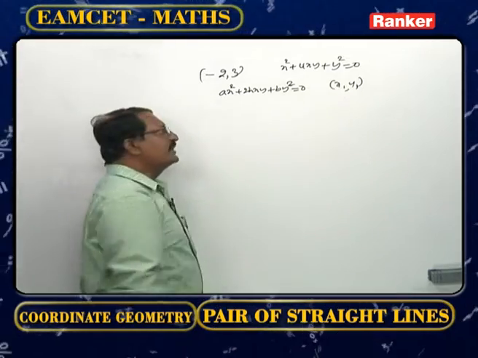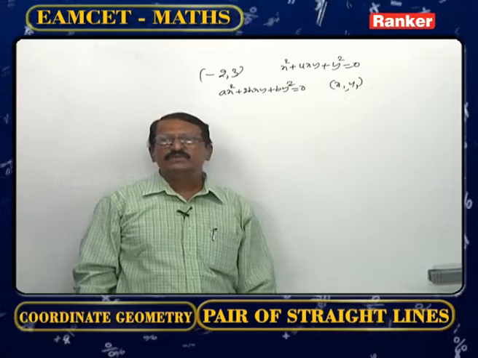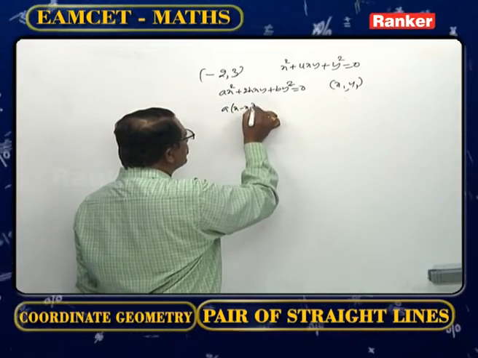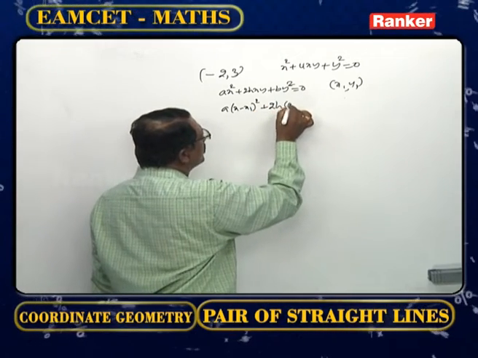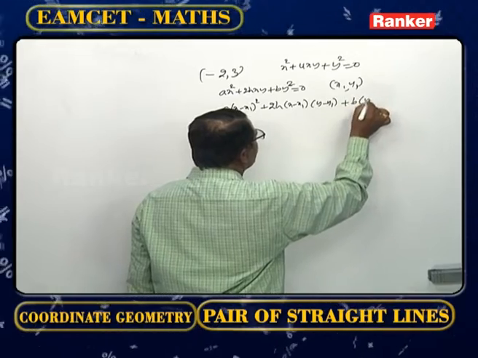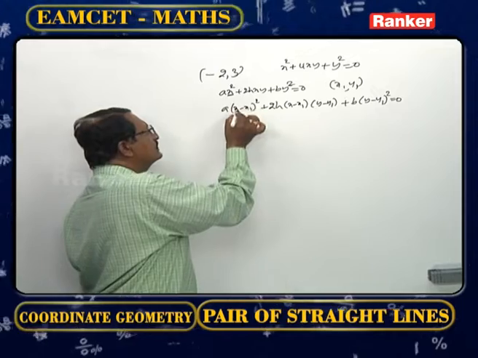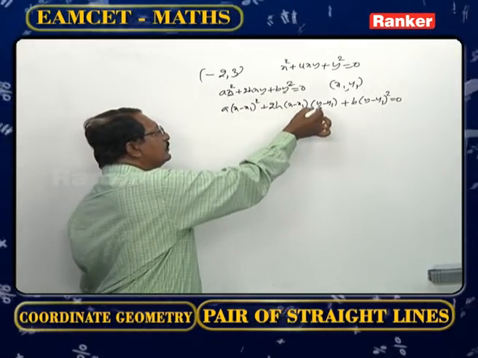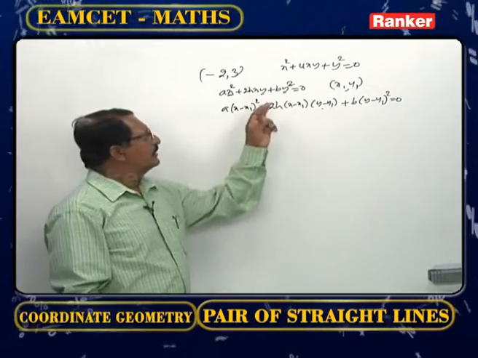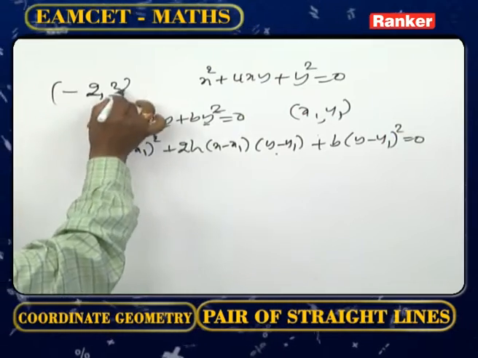Now the equation of the pair of lines passing through the point (x1, y1) and parallel to the pair of lines ax squared plus 2hxy plus by squared equals 0 is a times (x minus x1) whole squared plus 2h times (x minus x1) times (y minus y1) plus b times (y minus y1) whole squared equals 0. That means, in place of x we put x minus x1 and in place of y we put y minus y1; replacing, we get the equation of the pair of lines parallel to the given pair of lines and passing through the given point. Now the point (x1, y1) is nothing but (minus 2, 3).